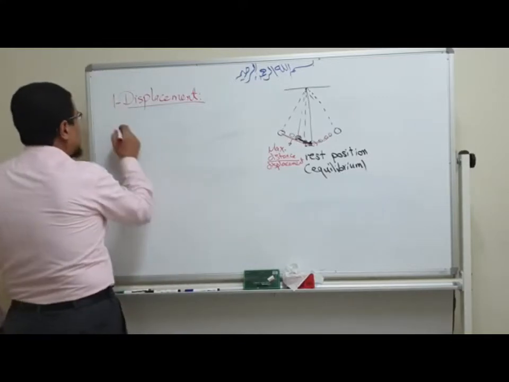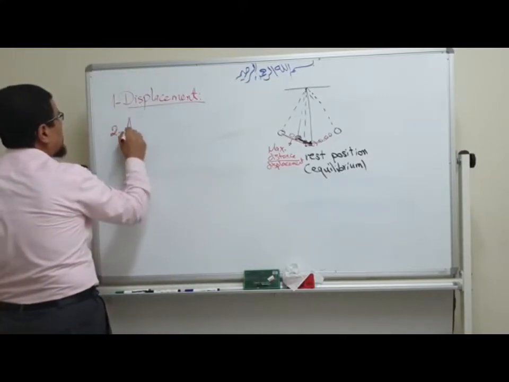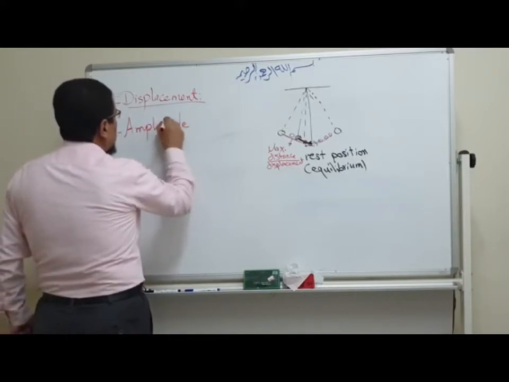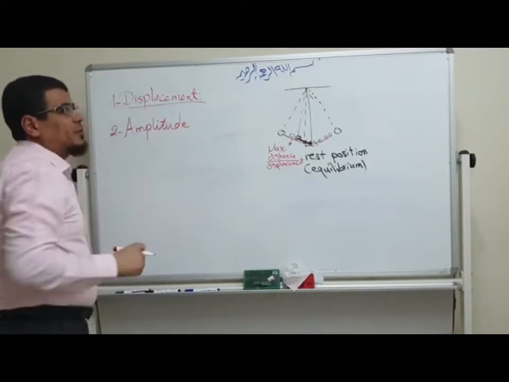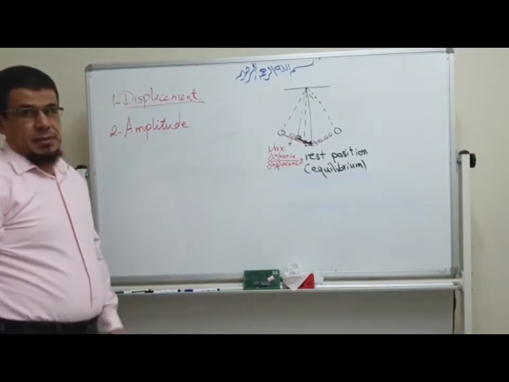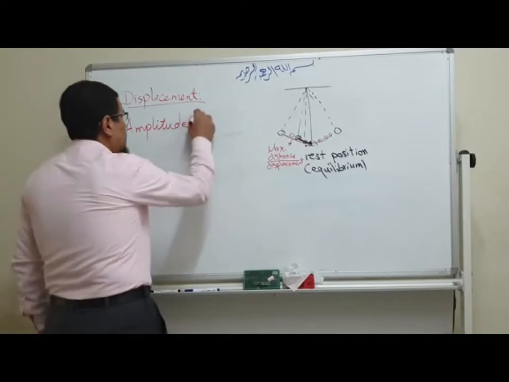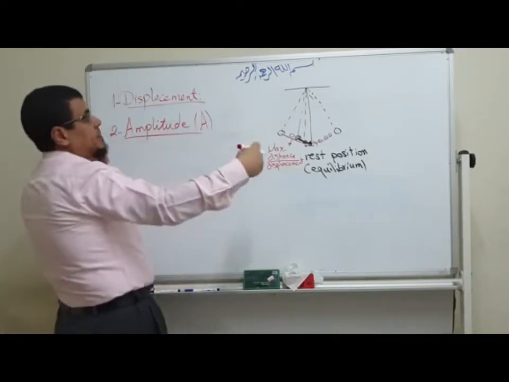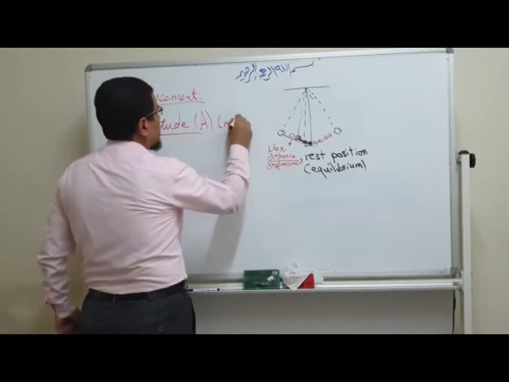The maximum displacement, we call it amplitude. So the amplitude is a displacement, but not any displacement. The amplitude is the maximum displacement. It has a symbol of A, and of course it is a displacement, so it is measured in meters.